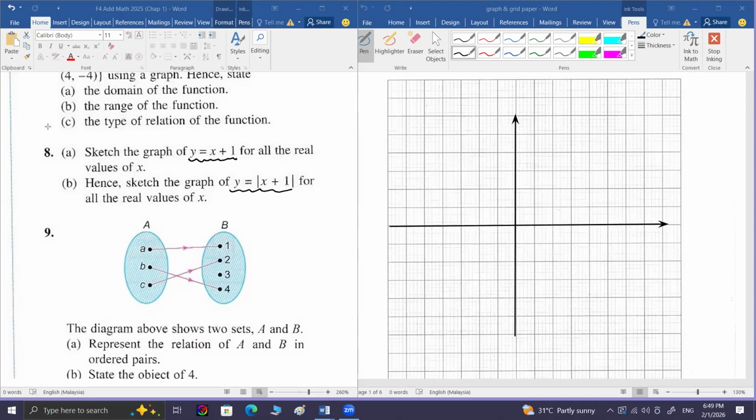You apply any 2 points to get a straight line. Let's say the straight line that you have drawn is like this. You look at my x-axis here. It can be at the corner, can be at the middle, can you see?